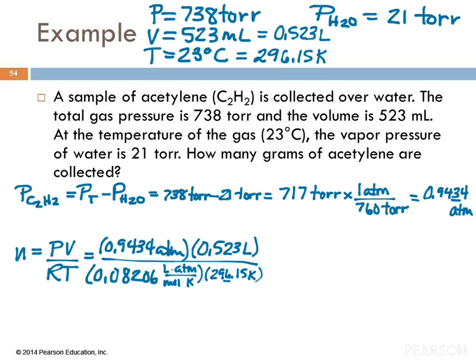That's got 3 sig figs. Okay, 0.9434 times 0.523 divided by 0.08206 divided by 296.15 equals 0.0200303. And that's moles.